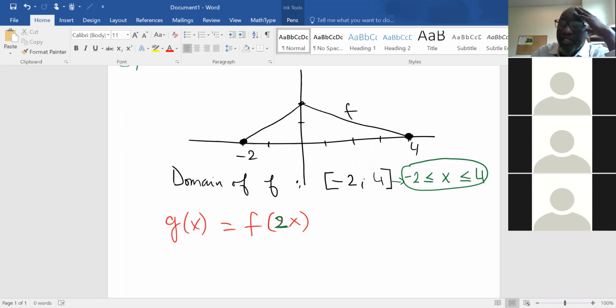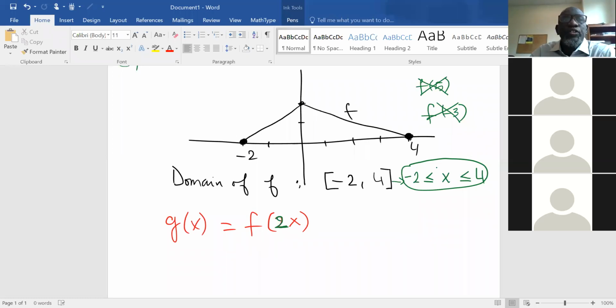For instance, can we find f of 5 from this graph? No. 5 is not between -2 and 4. Can we find f of -3? No. -3 is out of the interval, right? For us to be able to find f of somebody, they have to be between -2 and +4.